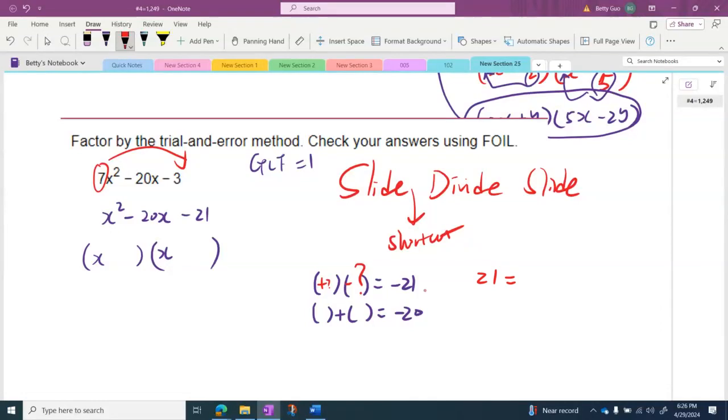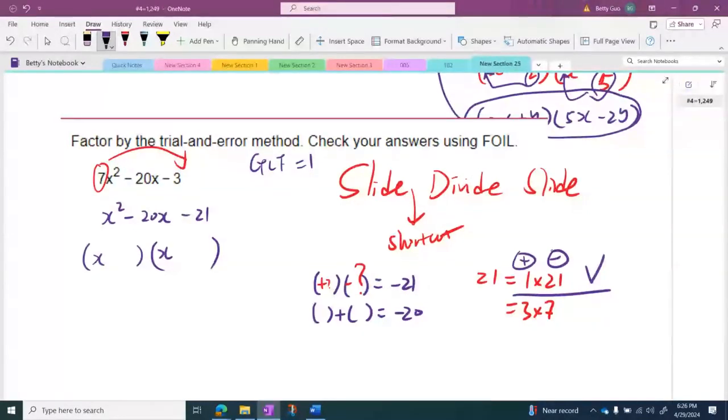We can factor 21 as 1 times 21, 3 times 7, and that's it. And since the negative number has the bigger absolute value, we're going to place the negative number on the second factor, positive number on the first factor. And does this work?